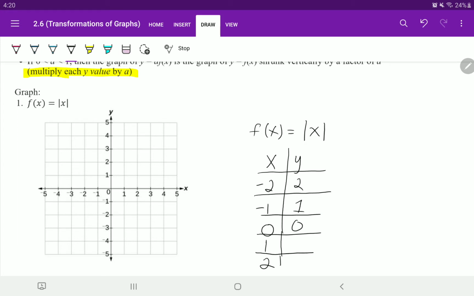The shape makes a V. So 0, 0, we have 1, 1, we have 2, 2. Let's connect those coordinates. We have -1, 1, -2, 2.